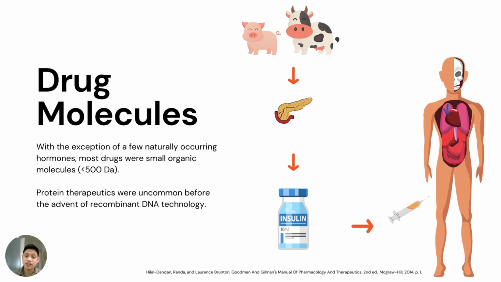So you have here, for example, porcine and bovine insulin. So ibig sabihin yung pancreas noong pig and cow, we homogenize it and we isolate from it insulin.